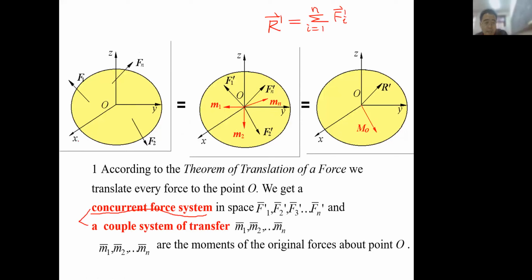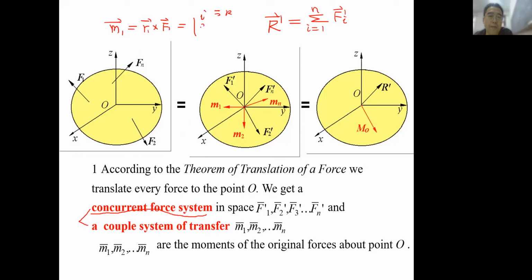And the second is the couple system of transfer here. Because each moment, maybe I can write it again, we just select F1 as the example. It equals r1 cross product F1, it equals like this, i, j, k, and F1x, F1y, and F1z.